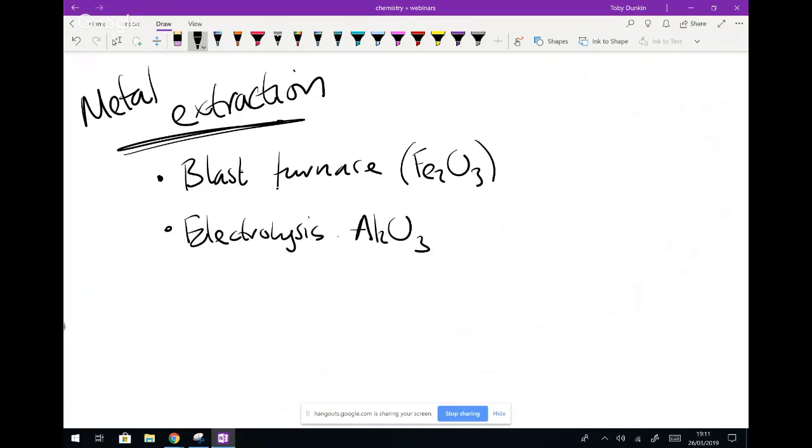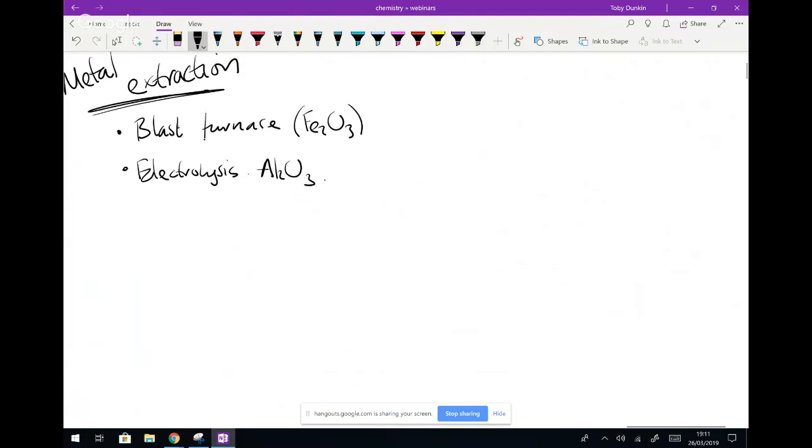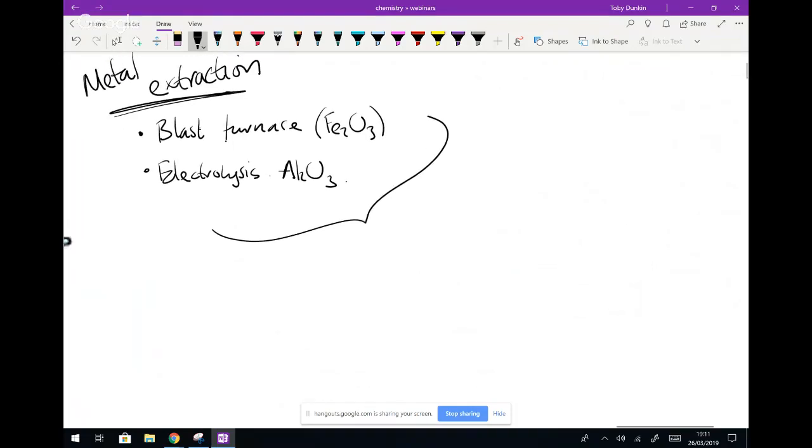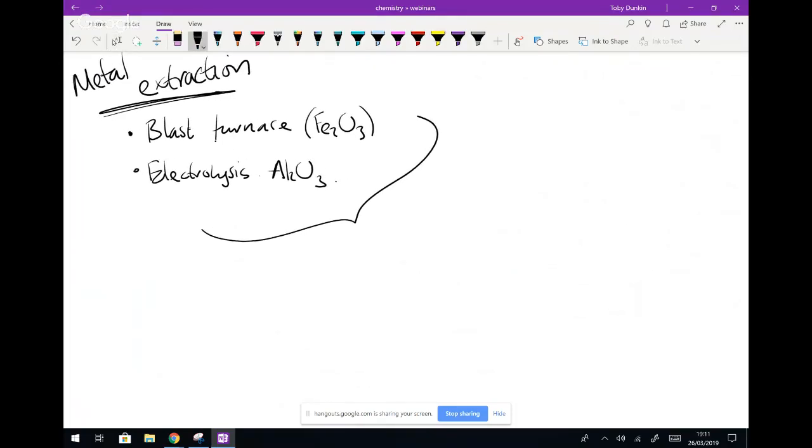Now, just to group these, there are some key facts which can be overlaid onto all metal extraction processes. All industrial metal extraction, and I ought to put really all, and I'll highlight that, happens at high temperatures.